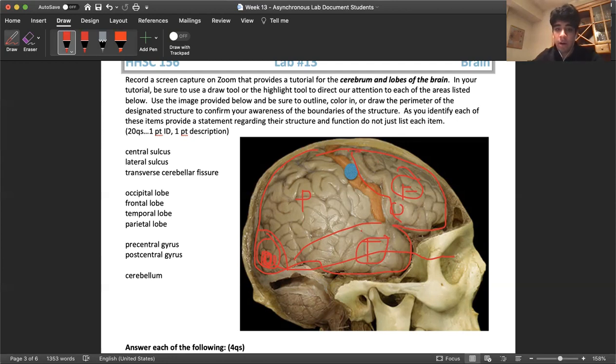Now I'm going to go back to the postcentral and the precentral gyri, my bad. The parietal, again, is the sensory center. The postcentral gyrus is, I believe, our sensory center.